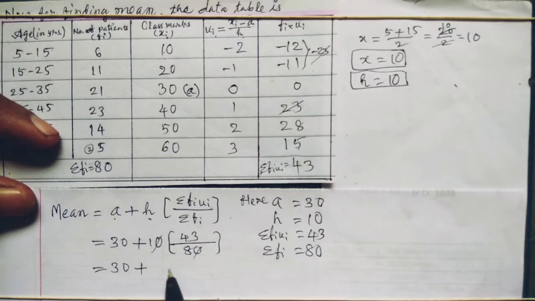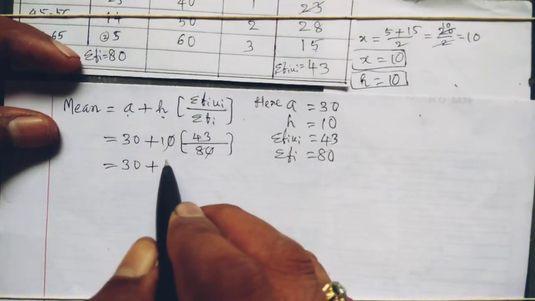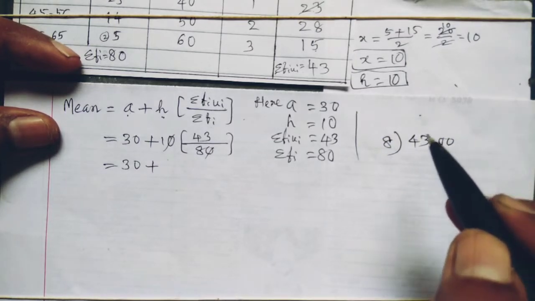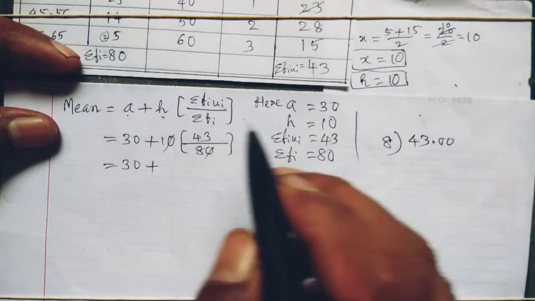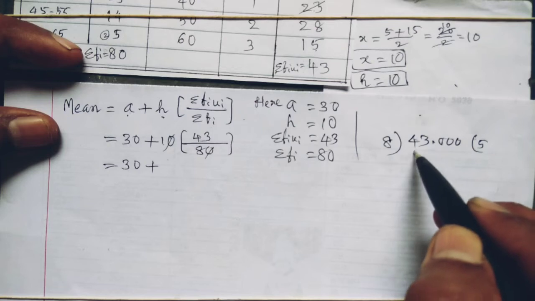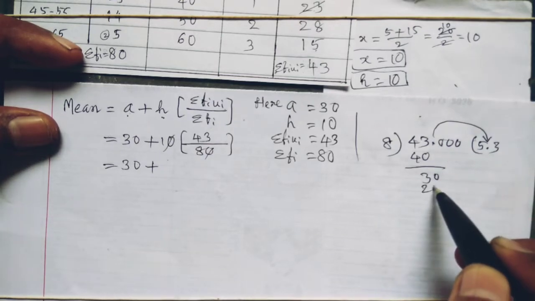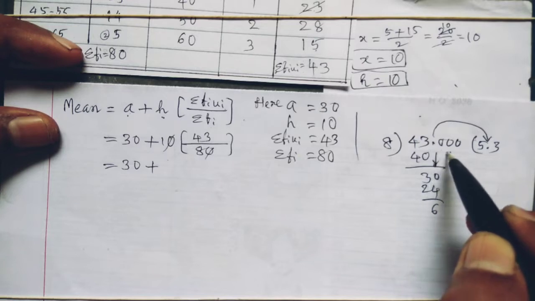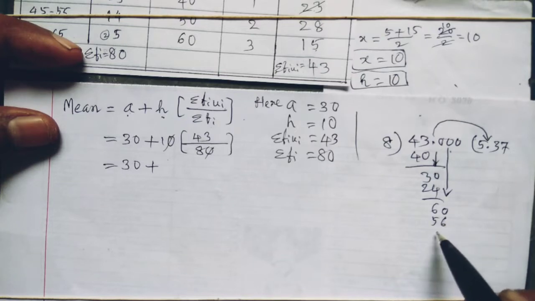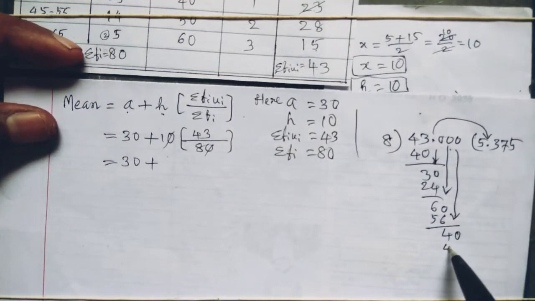We have to divide this 43 by 8. 8 5s are 40, remainder 3, 8 3s are 24, 6, 8 7s are 56, 4, 8 5s are 40.